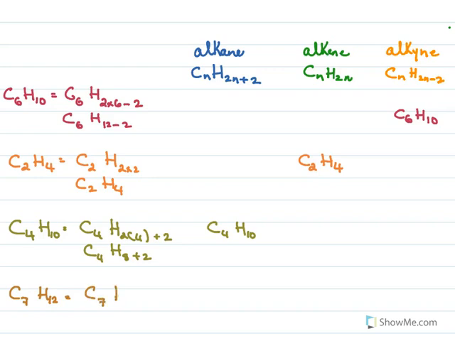That is C7, H is 2 into 7, that is 14, but we need 12, so minus 2. So C7H14 minus 2, which would be 12. Minus 2 is alkyne. So C7H12 would come as an alkyne.